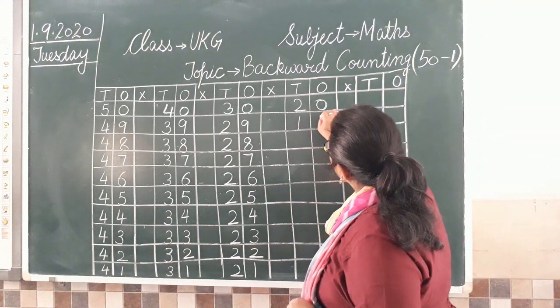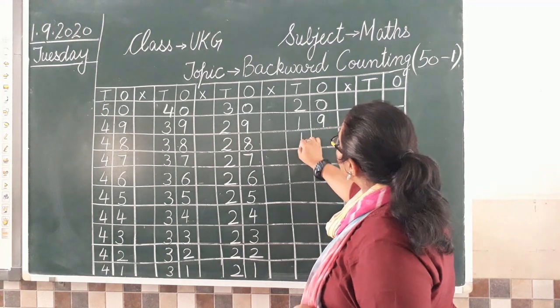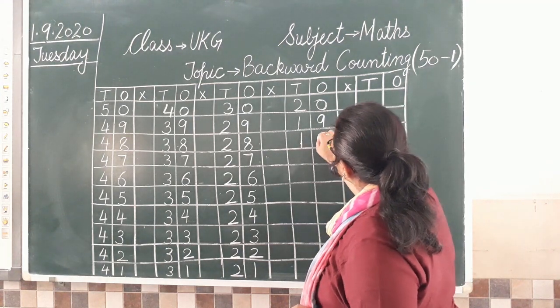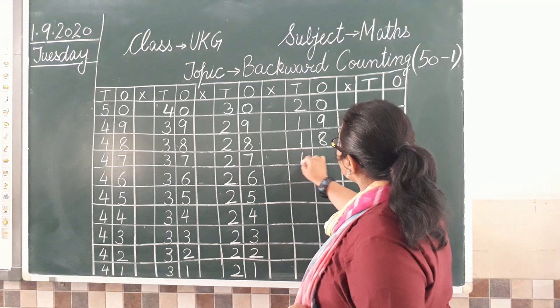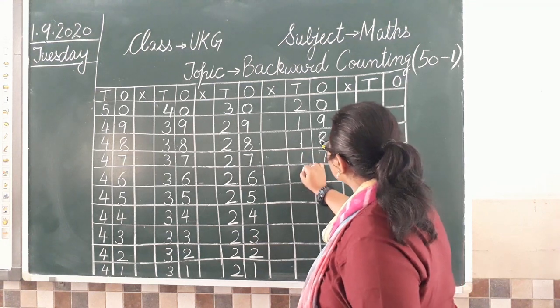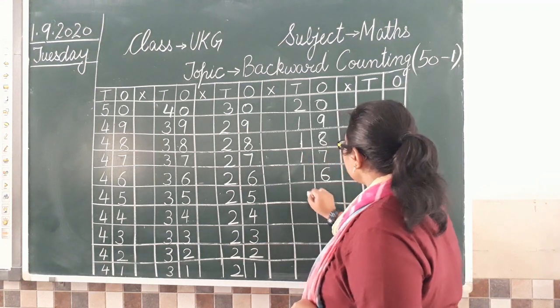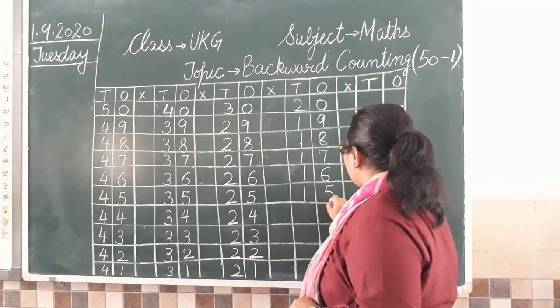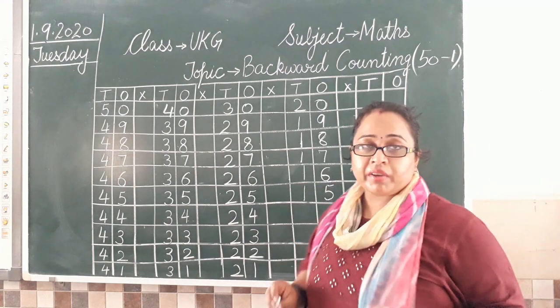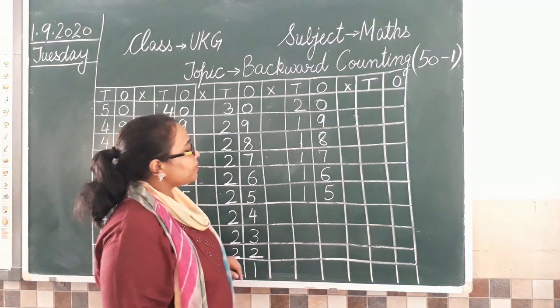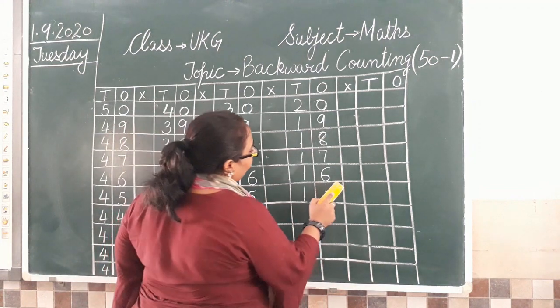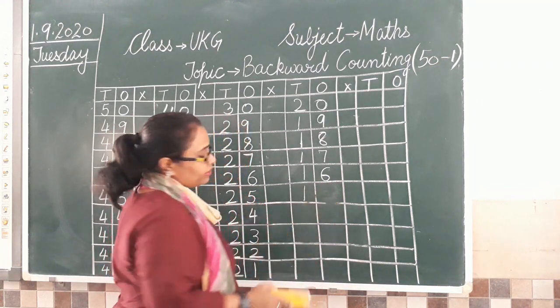Then what should I write here? 19. Yes, 19. Then it is 18, 17, 16, 15. So see, I have made a mistake. अब बताओ आपने क्या मिस्टेक करी है? I am not writing on the bottom line. Yes.